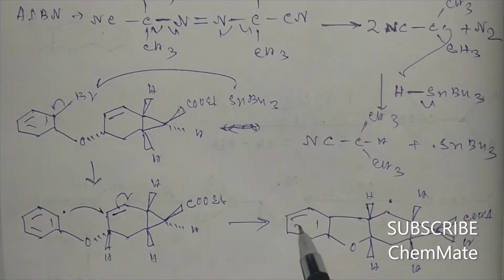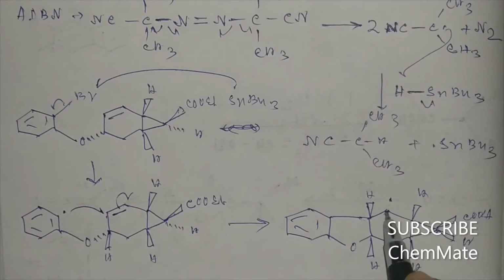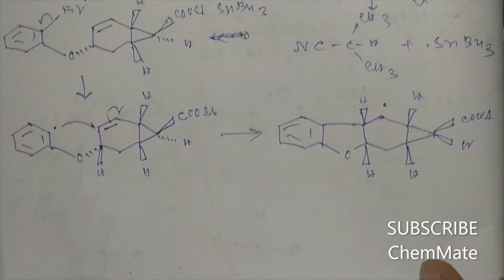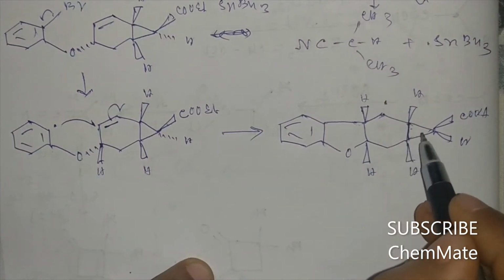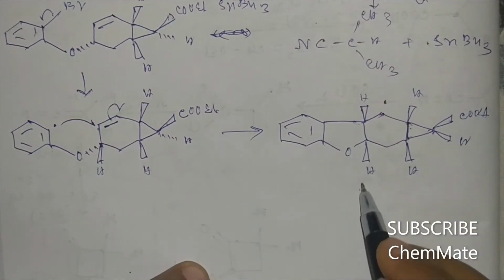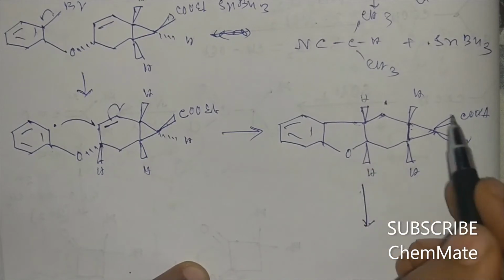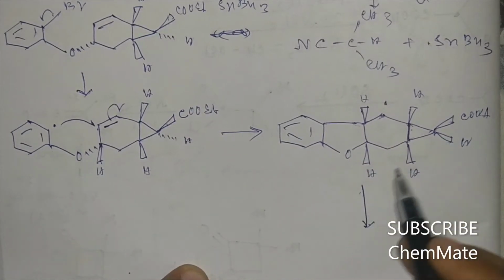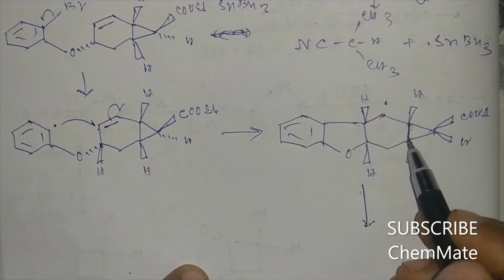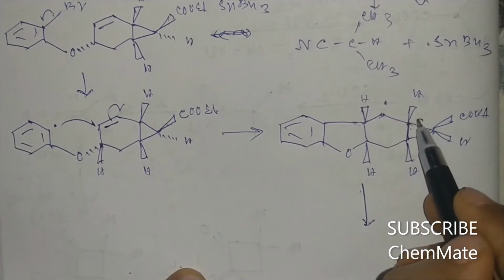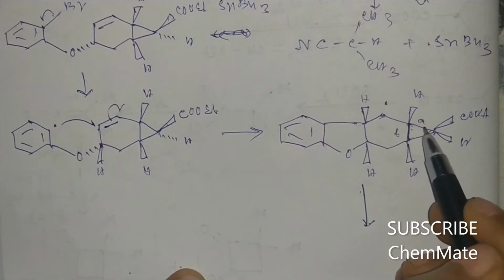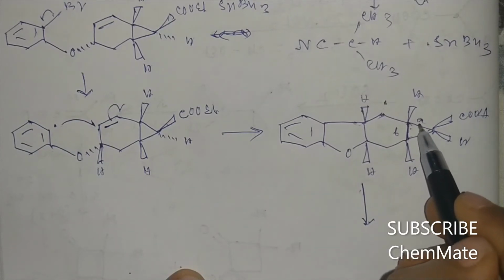Now this radical will break this cyclopropyl ring. As we know, the cyclopropyl ring is a very strained and unstable ring, so this ring will break. Now this ring will break in two fashions only. Let's say this is the A bond, this is the B bond. Now the A bond may break homolytically in this way.